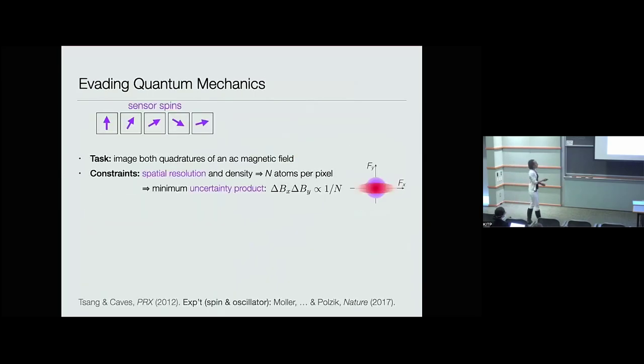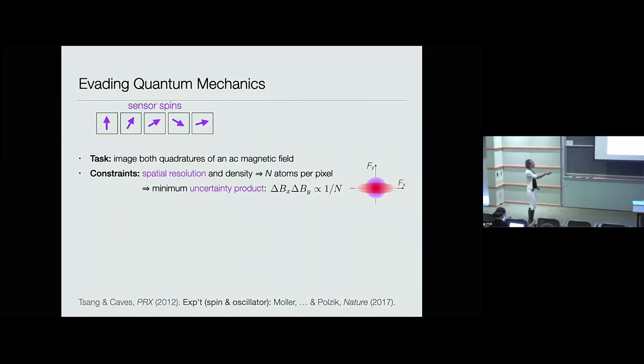So the general concept here is if I want to sense, let's say, two components, Bx and By, of a magnetic field, and I want to image, so I want spatial resolution, there's going to be some limit on how well I can sense both of those. That's just set by the standard quantum limit for however many atoms I have in a given pixel. So the product of uncertainties in these two components of the field will go as 1 over n.